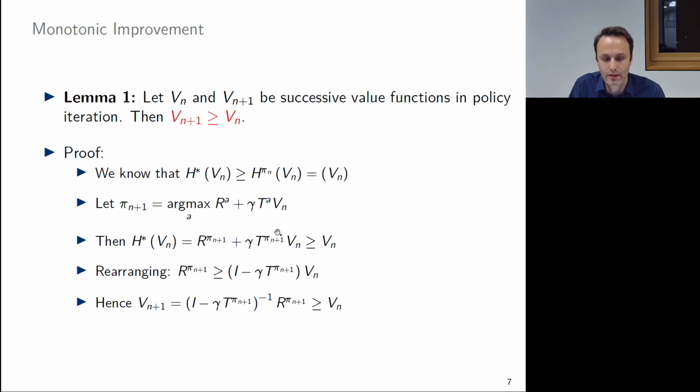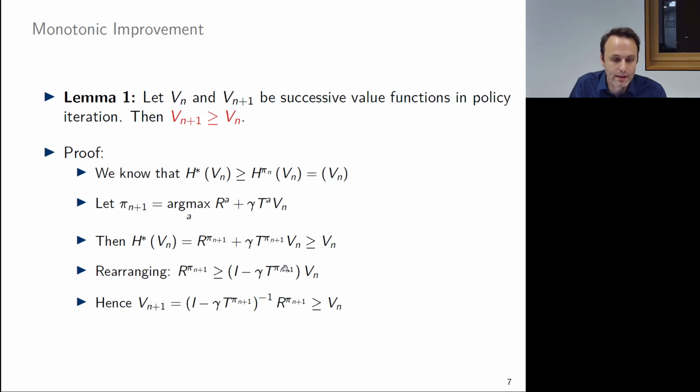So we want to isolate that Vn. So we take this term to the right-hand side by subtracting, and we are left with the rewards of the policy pi n plus 1, and they are greater or equal to this identity matrix minus gamma times the transition matrix for policy pi n plus 1 times this Vn.